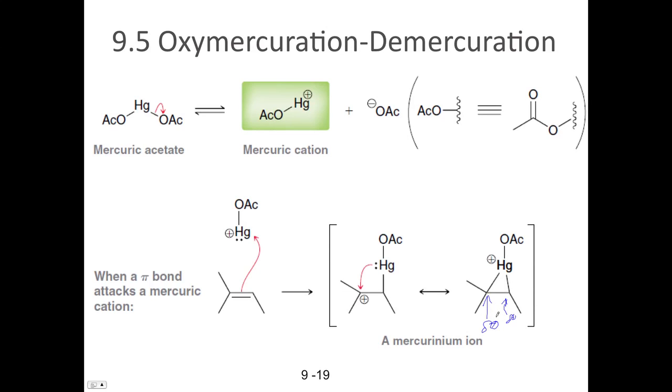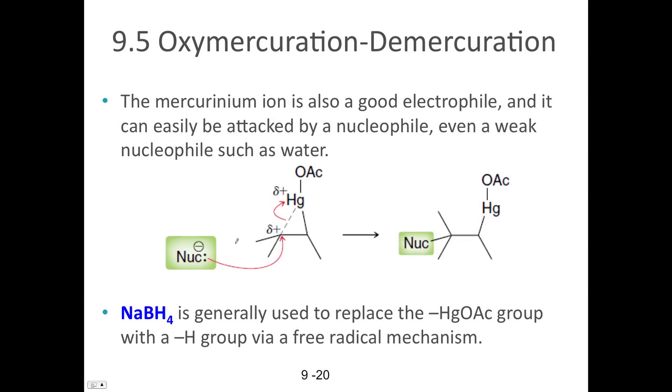This partial charge here is much bigger than that charge right there, because this is a potential tertiary carbocation. This is a potential secondary carbocation. So this guy here will want to be way more stable than this guy here in terms of looking at it like a carbocation, which is how we should look at this. That's why if you use water here, of course, it will want to attack right there and kick that guy up there like so, and this guy here will give you the water right there.